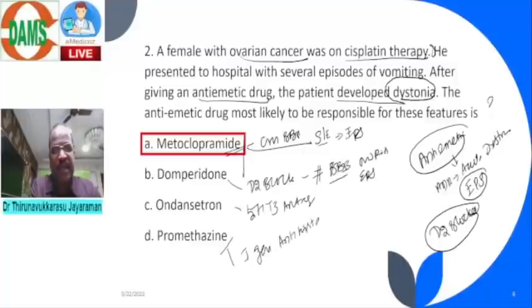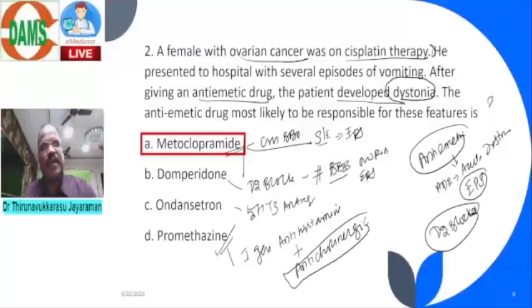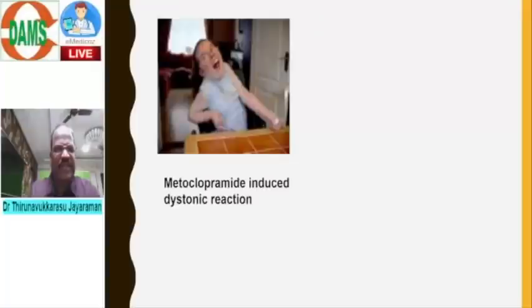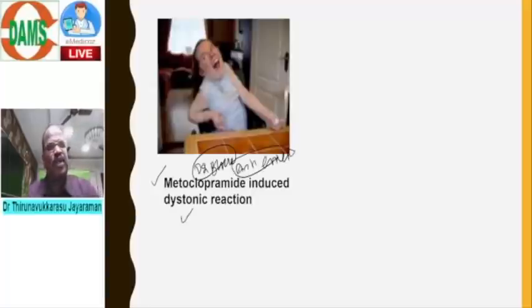Here one interesting point. Most of the first generation antihistamines additionally have anticholinergic property also. Because of this action, in fact, promethazine can be useful for treatment of dystonia. So this question, for example, metoclopramide, a D2 blocking anti-emetic agent, may cause the adverse effect of acute muscular dystonia, which is one type of EPS.